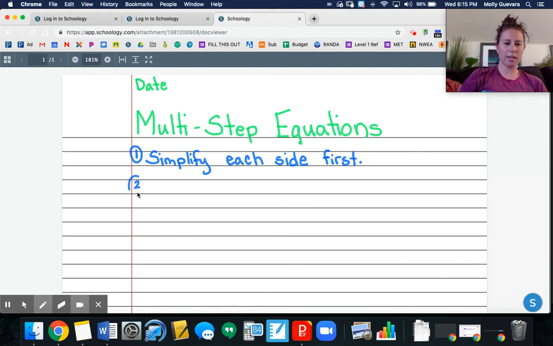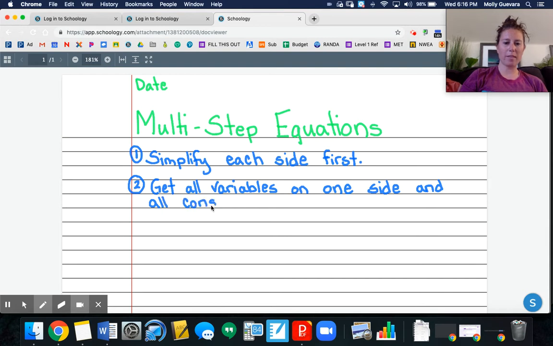The second step then is to get all your variables on one side. And all your constants.